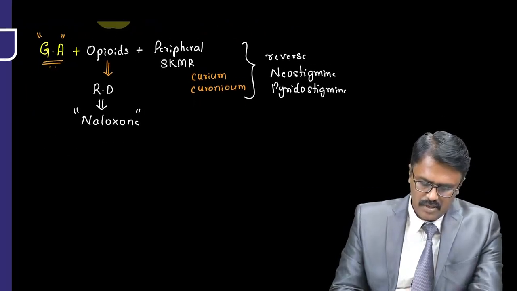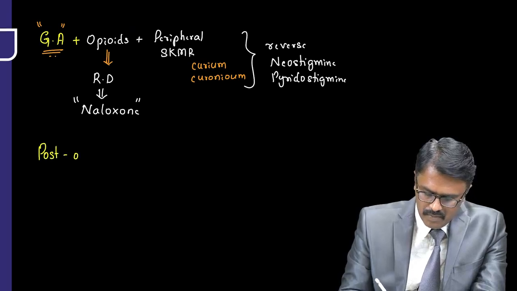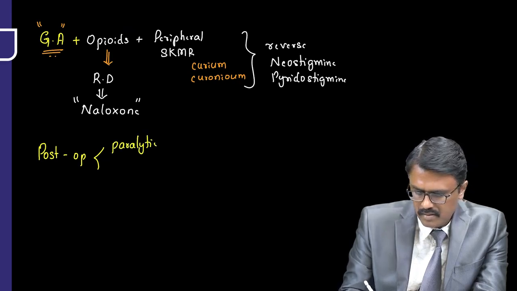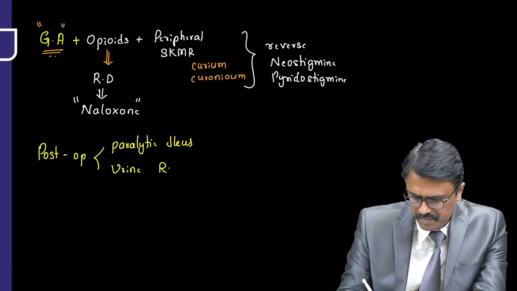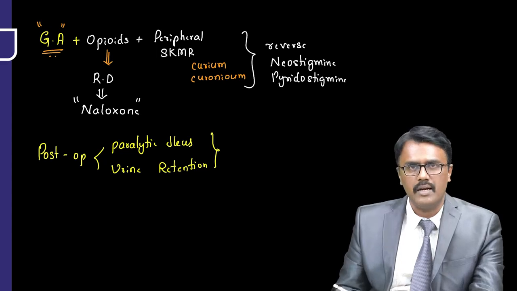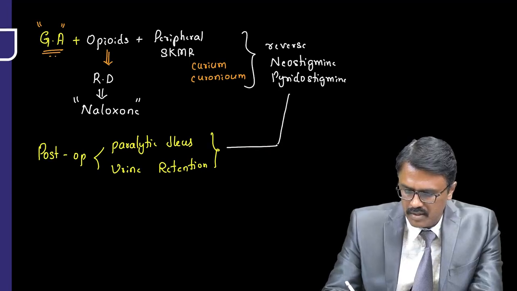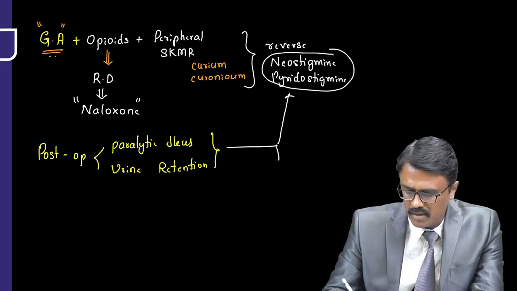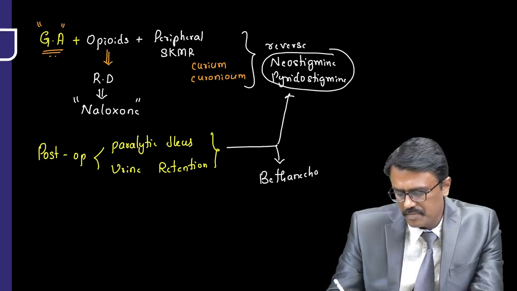Now what happens after anesthesia? Many times the patient may develop post-operative paralytic ileus and post-operative urine retention. How do you overcome that? For that also we can give neostigmine or pyridostigmine, or we can use one more drug, bethanechol.